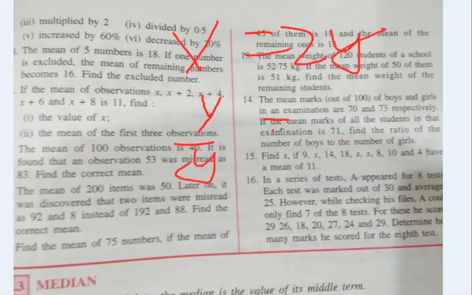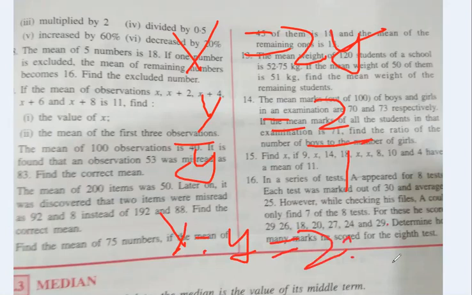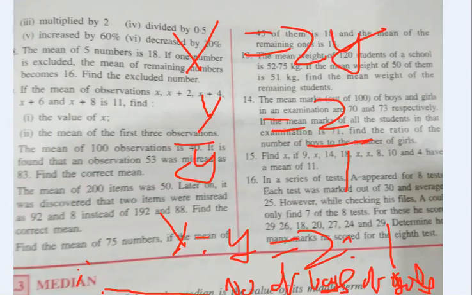X by Y is equal to 2 by 1. X is to Y is equal to 2 is to 1. Therefore, ratio of number of boys to girls is 2 is to 1.